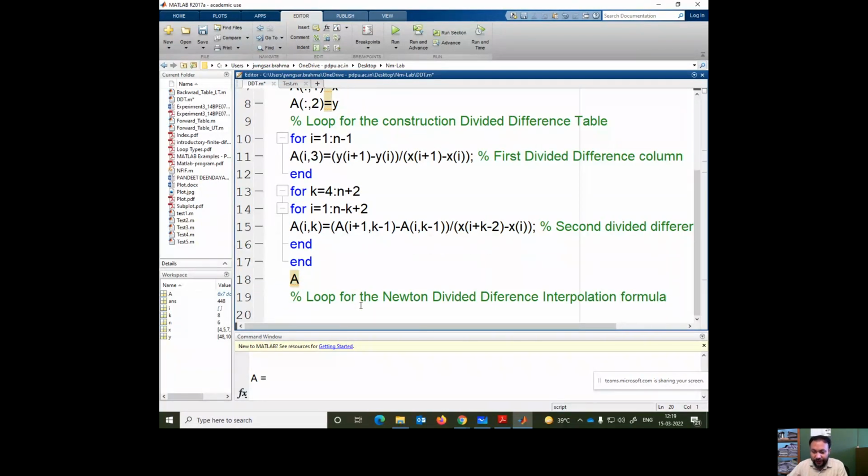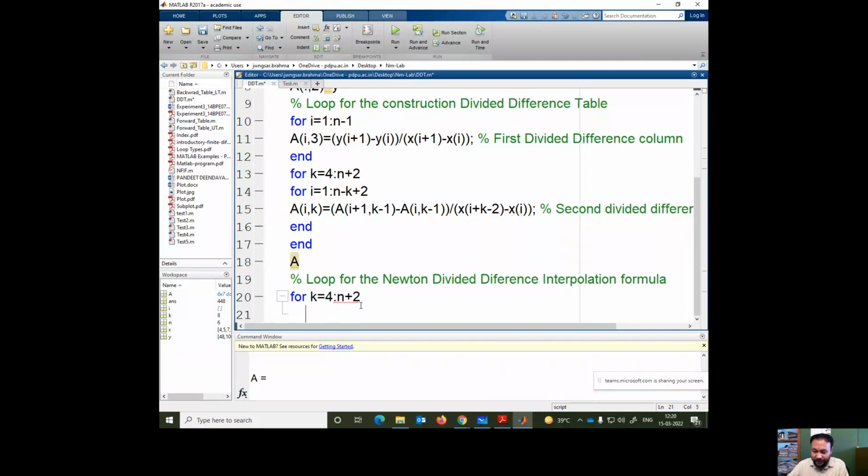I'll start from here now. What is the loop now? k is equal to 4 to n plus 2. Just be careful.